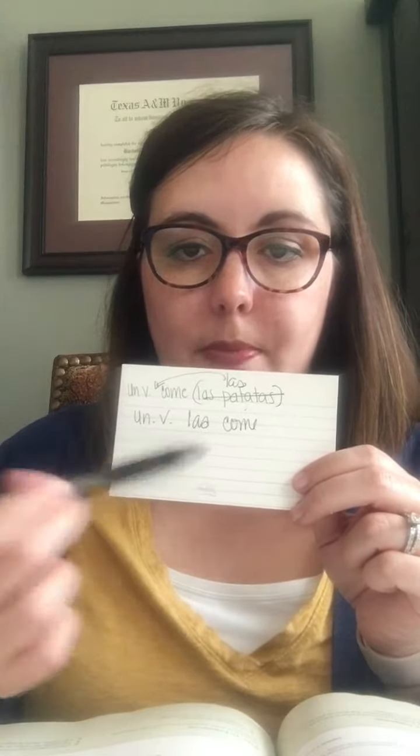So you can mark las patatas, and you know it's las, and then you can move it to in front of the conjugated verb. So un vegetariano las come. Mark that out, change it, move it in front of the conjugated verb, and there you have it. That is the best way I know how to tell you to practice that.